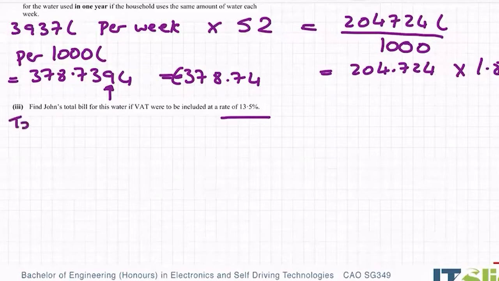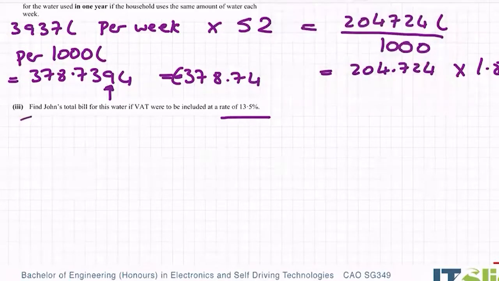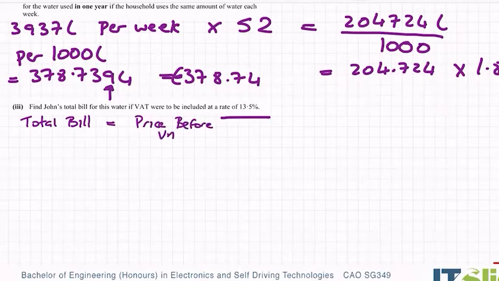Okay, so total bill equals price before VAT plus VAT. So whenever you get a total bill, that's what's meant.